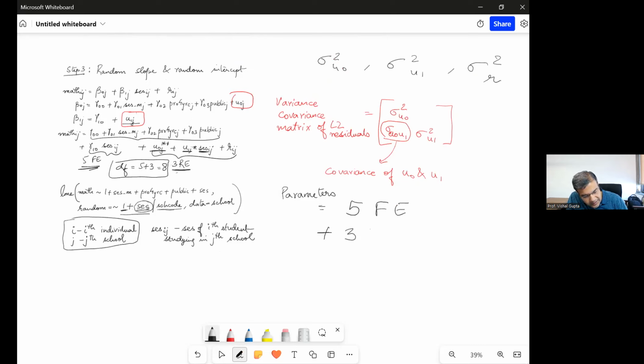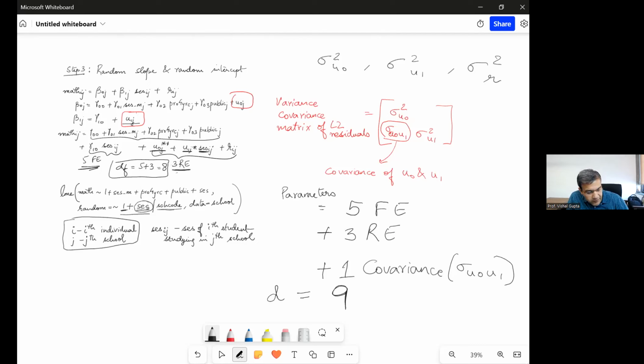So 3 random effects now plus 1 covariance between u0 and u1. So the number of parameters is 8 plus 1.